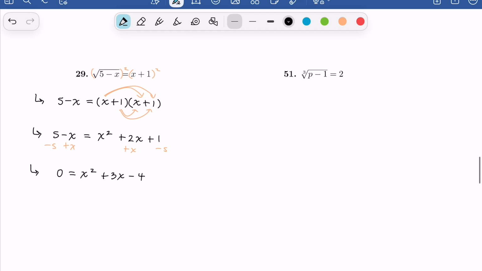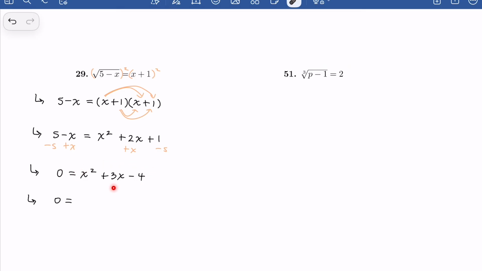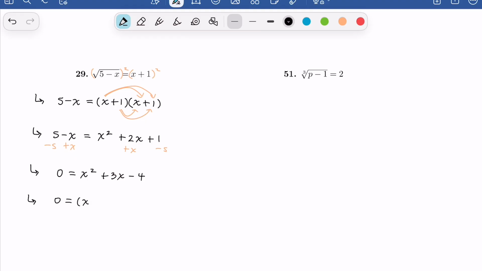All right, from here, like I said, we want to see if we can factor this and use our zero factor property. So if I want to factor this guy, notice this is going to be one of our easier cases because the coefficient of our square term is 1. So I need to find two numbers that are going to multiply to give me -4 and add to give me 3. So let's go ahead and write this out here.